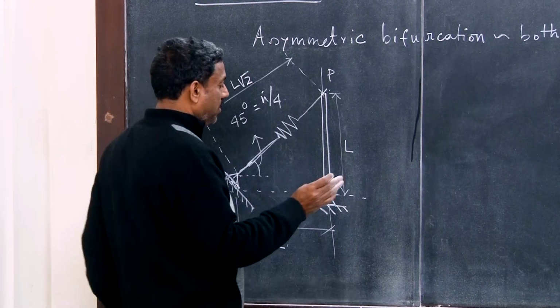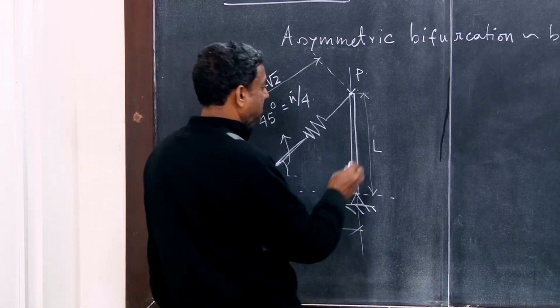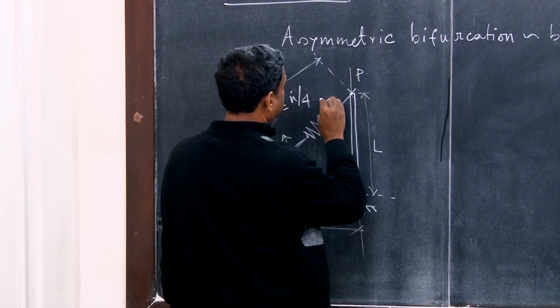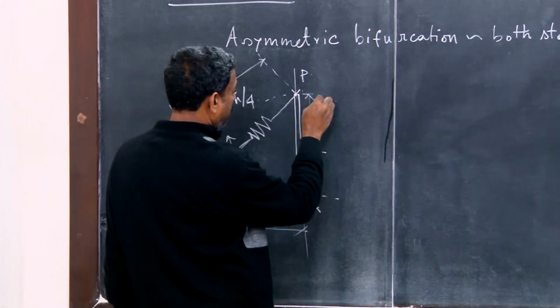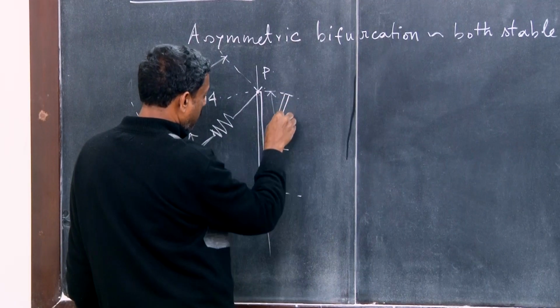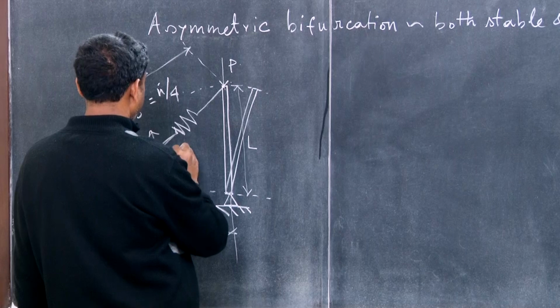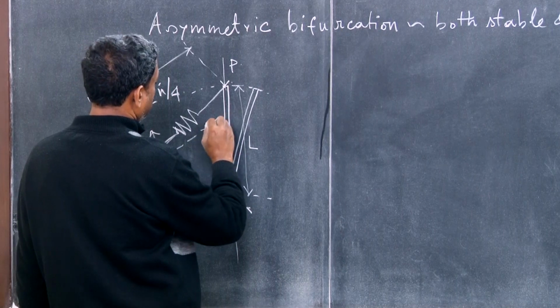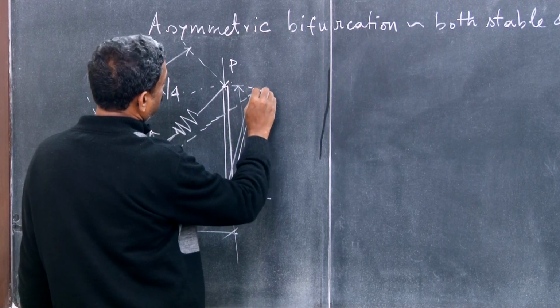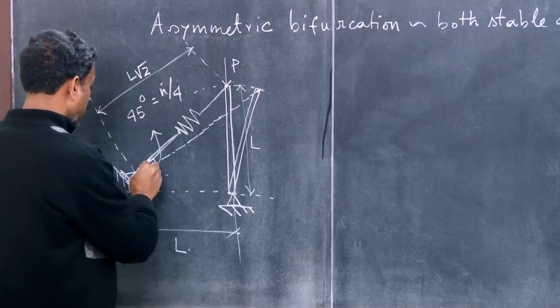So, we are going to perturb the system. For the first lesson in the stability class, we have to perturb the system. So, I am perturbing it. Okay. So, when I am perturbing it, it reaches this configuration.